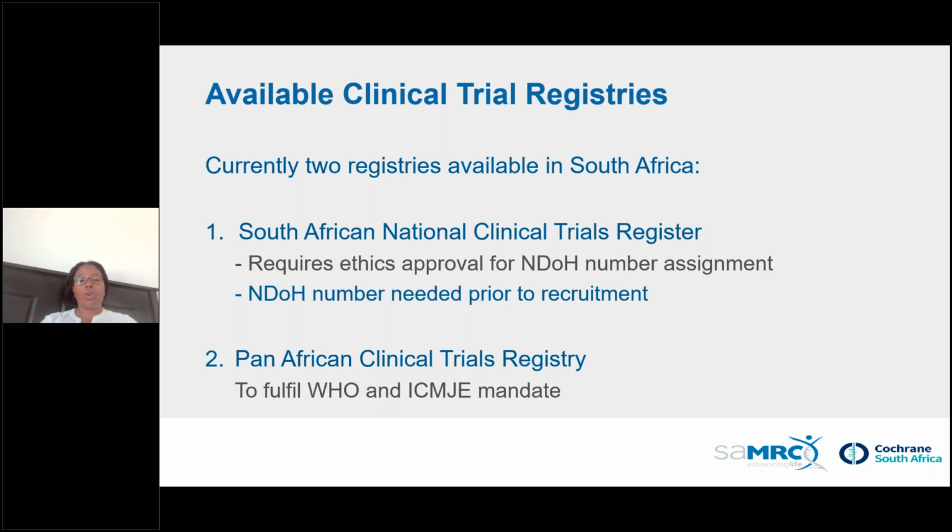The one is, of course, the South African National Clinical Trial Registry, which requires ethics approval for your DOH number assignment, which I'm going to call that, because we didn't want to lose the term that was used in the previous SANCTR system. Basically it means that we give you the approval to go ahead and start conducting your trial in South Africa. So the DOH number is very important when you want to conduct your clinical trial.